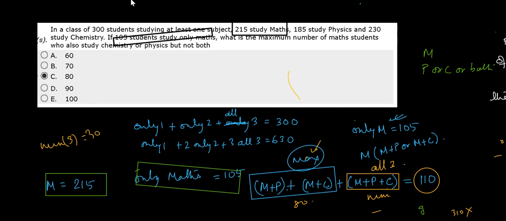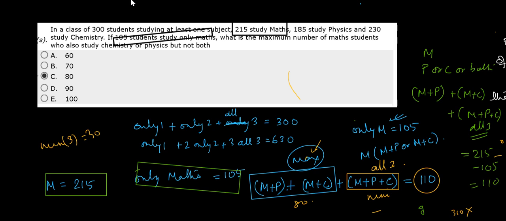So the combinations can be maths plus physics, maths plus chemistry, maths plus physics plus chemistry. And the total of all this is 215 minus 105, which is 110, right? You got this? Yes, sir.